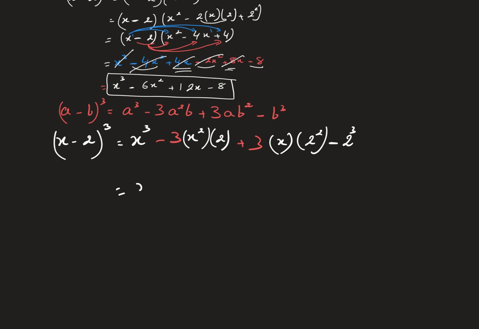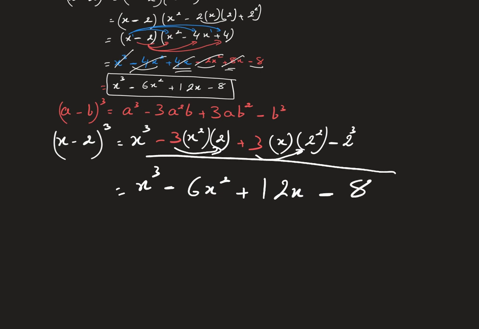We're going to have x to the third, and 3 times 2, that will be 6, that will be negative 6x to the second here, plus 3 times 2 squared. 2 squared is 4, and 4 times 3, that would be 12. So we're going to have 12x minus 2 cubed here. That would be 8. And this is going to be the final answer.